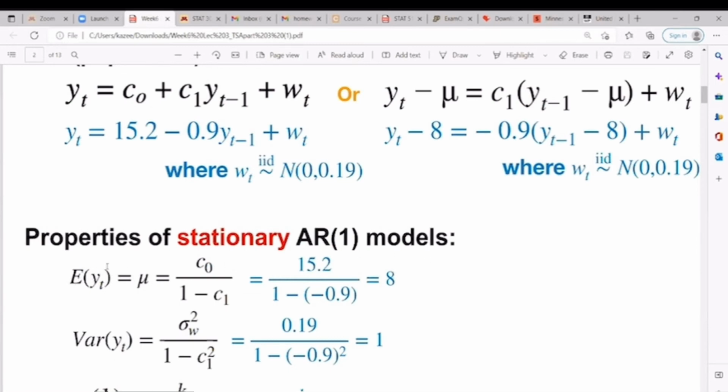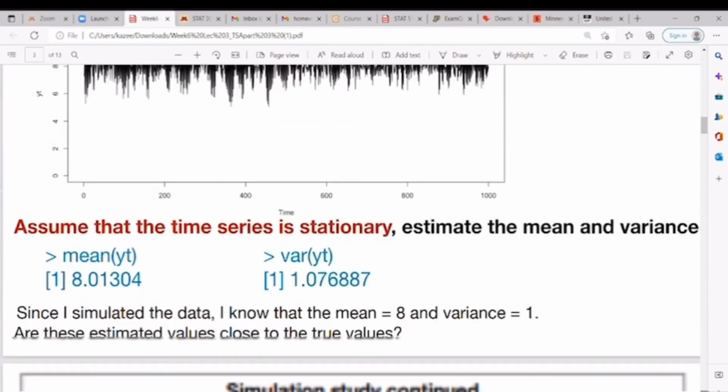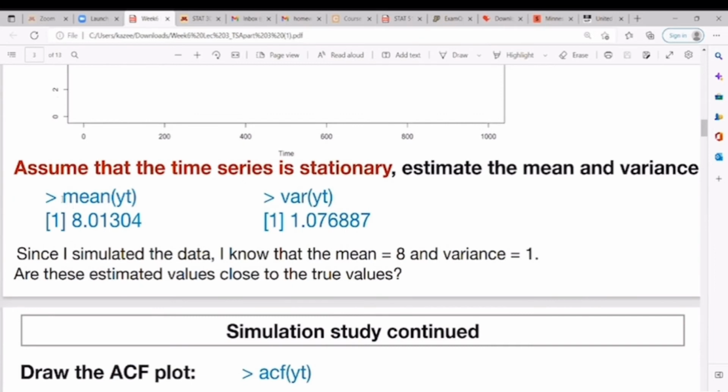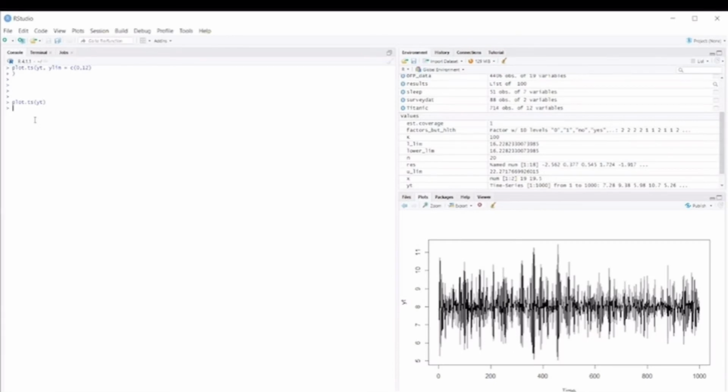Now that we have a data set, can we have a sample mean? Of course. If I want a sample mean, I just do mean of YT. If you go back into the R material, you already have your YT. If you just plug in mean YT, this is the sample mean. Don't forget the theoretical mean was 8.